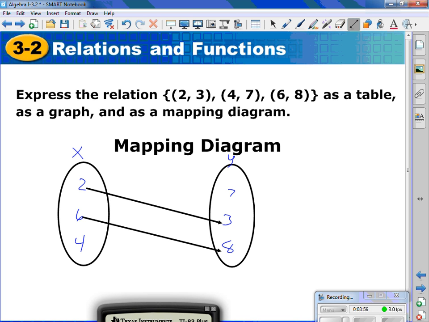And 4 goes to 7. Now looking at the mapping diagram, this only goes to one number. This only goes to one number. The 4 only goes to one number. Since each X only goes to one Y, it's considered a function.